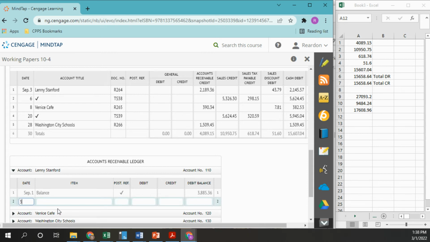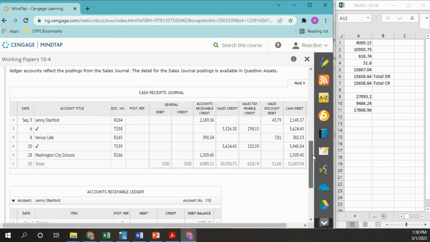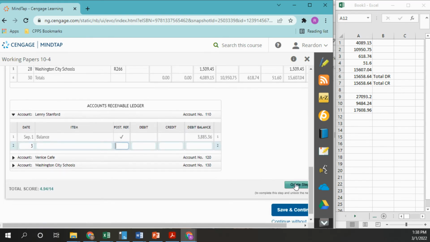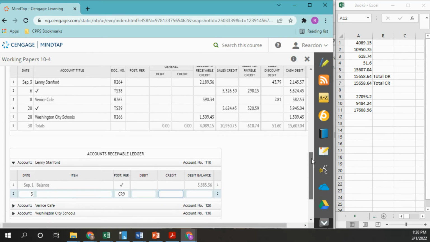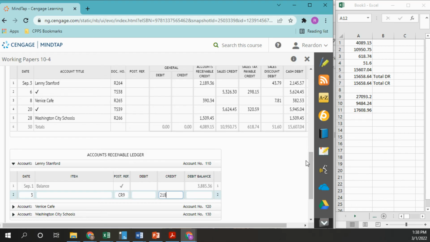So on the 3rd, in CR9, Lenny paid me 2189.36. His previous balance was 385.36, a debit. I credited his account for the payment. He now only owes me $16.96.